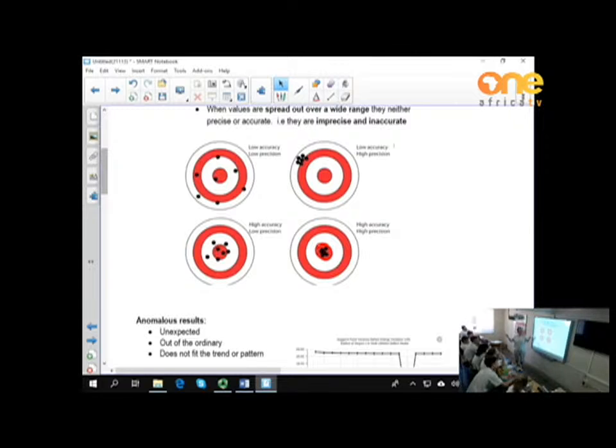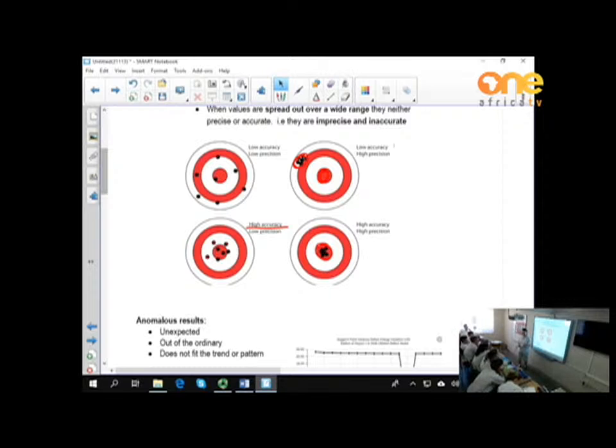If I'm inaccurate over here, it's because my readings are far away from the true value. If I have a fairly high accuracy, but some of my readings are around about, then I can say I have high accuracy, but I wasn't very precise.